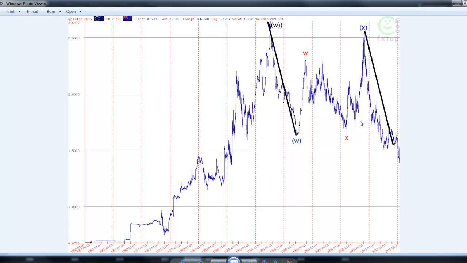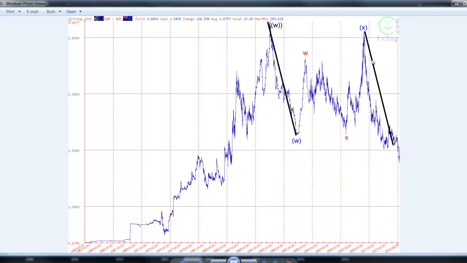So this in itself is already a cause for warning that the correction could be complete already, and then this may bounce to correct the entire decline. If that's the case, it will have a sizable bounce, and it could go back to 2.0.